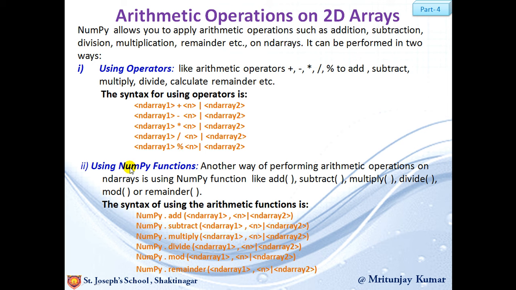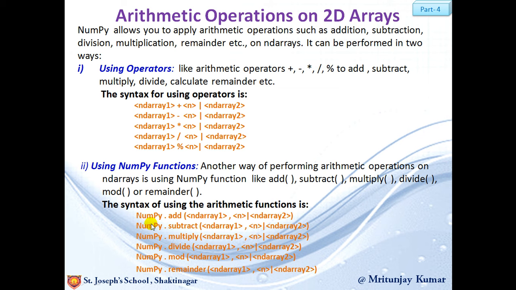Another way of performing arithmetic operations on an ndarray is using NumPy functions like add, subtract, multiply and divide, which we have discussed previously.